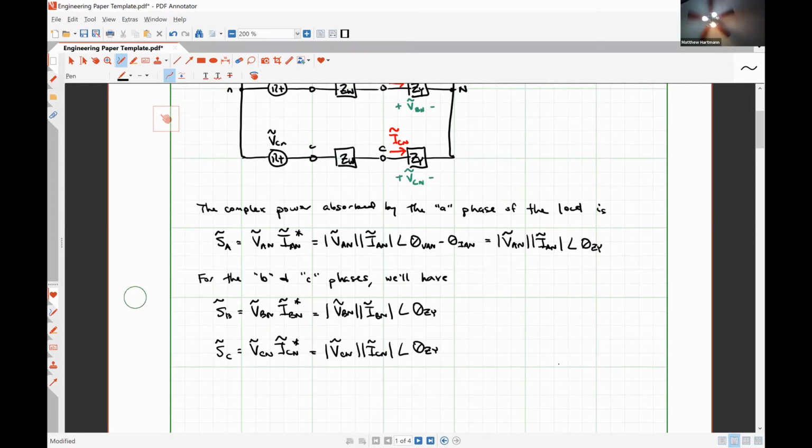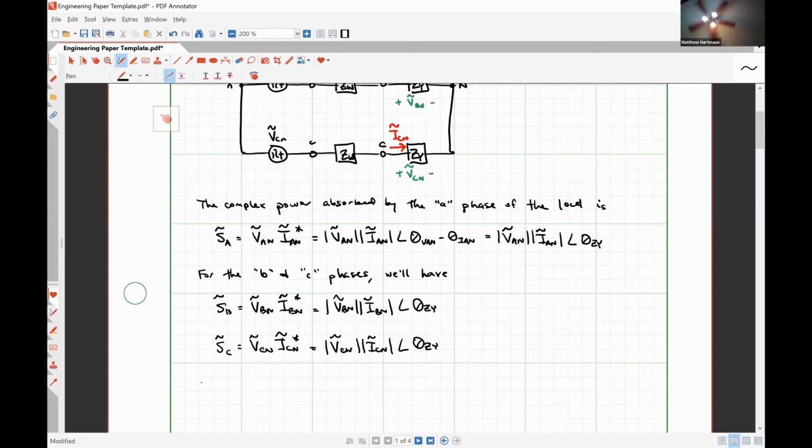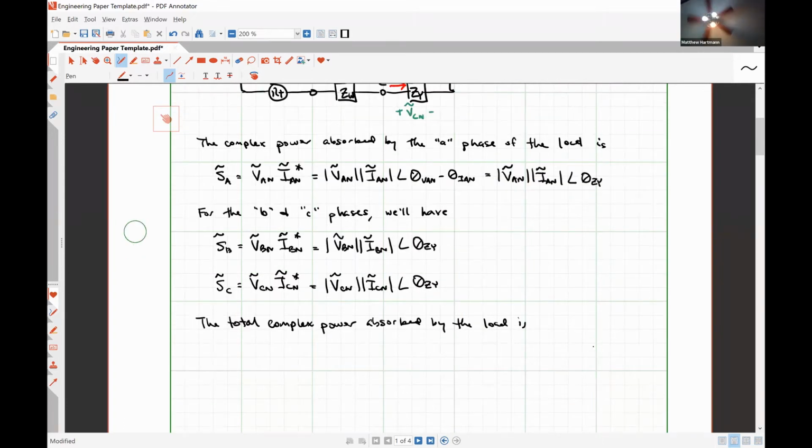So from these relationships, we can find that the total complex power absorbed by the load, we'll call this S three-phase. Oh, and I'm sorry, these S's shouldn't have a squiggle because they're not RMS quantities. They're just complex numbers. That's my fault.